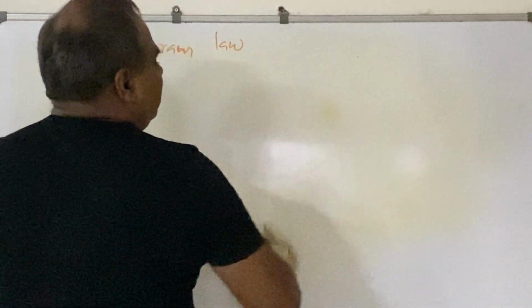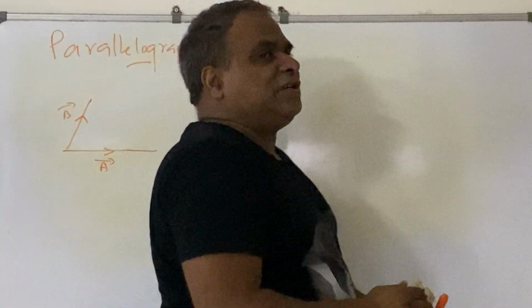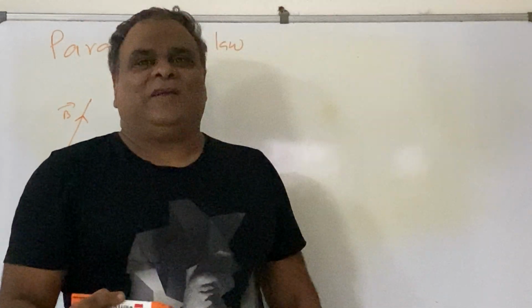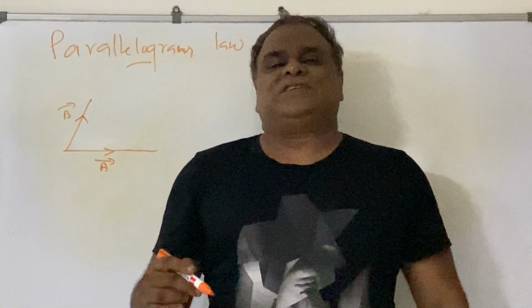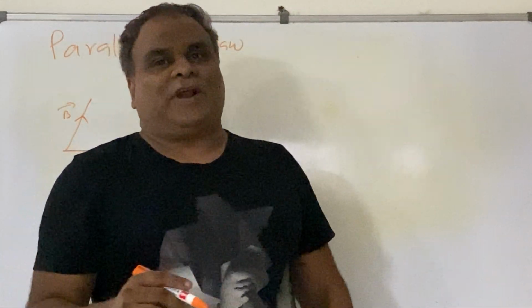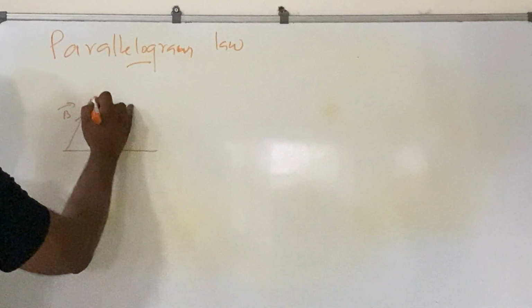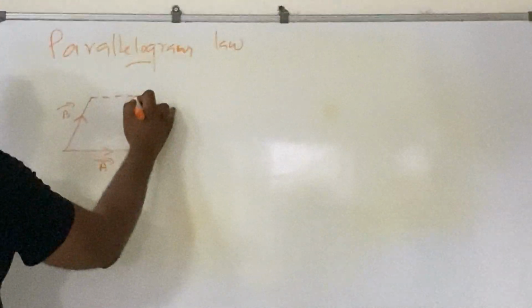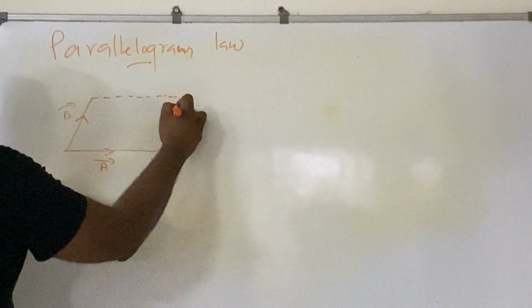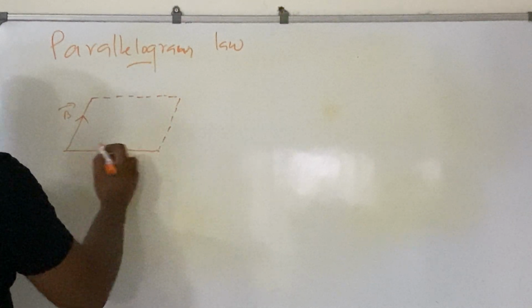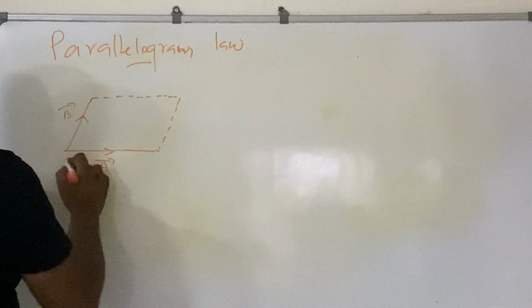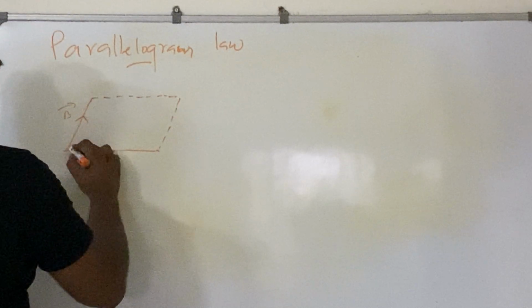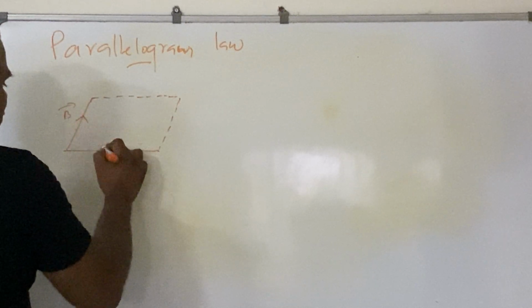To get the triangular law of addition, you completed the triangle. To get the parallelogram law of addition, you need to complete the parallelogram. So here we will construct a parallelogram with these two sides. Then after constructing the parallelogram, we will draw the diagonal through the intersection of these two vectors.